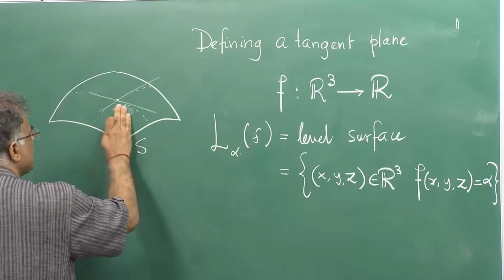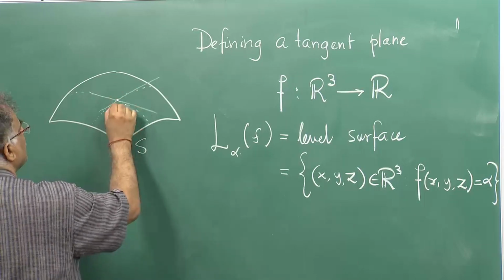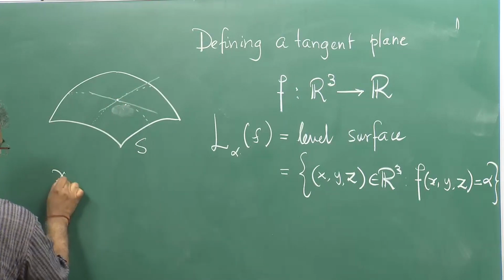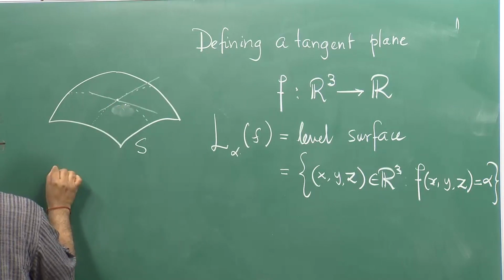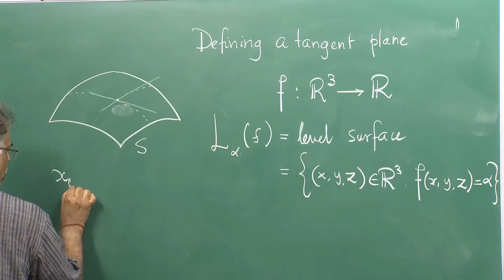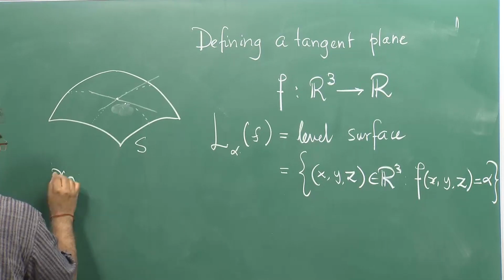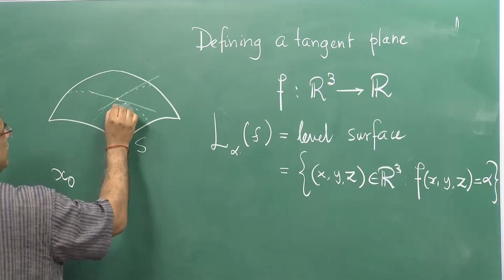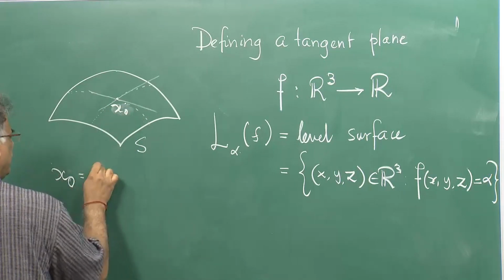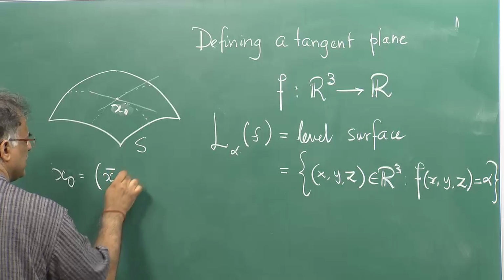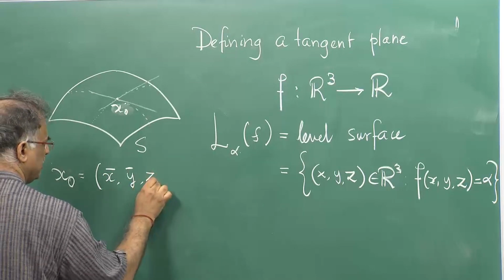So, this is x naught. Since it is in 3 dimensions, maybe I should write x naught as a point in 3 dimensions representing the coordinates x bar, y bar and z bar.